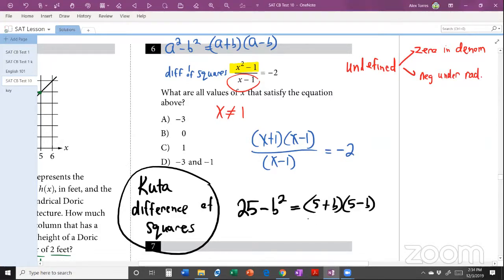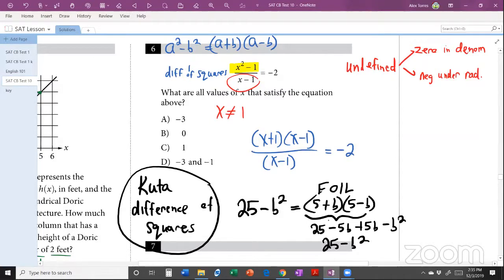And part of the process of learning that and just having it down is foiling out the answer and realizing that every time I have the same 2 things with a plus and a minus, and I multiply them out, first times first, for FOIL, first, outer, inner, last is the way you multiply this. First times first, outer times outer, inner times inner, last times last. So that comes out to 25 minus b squared.